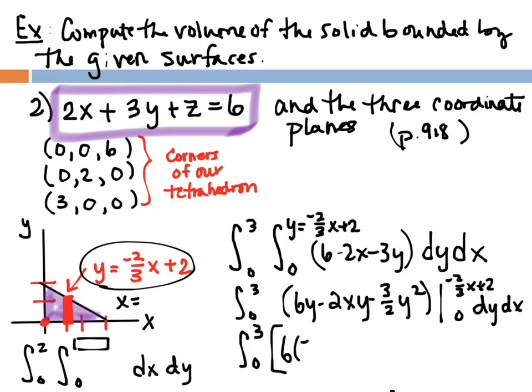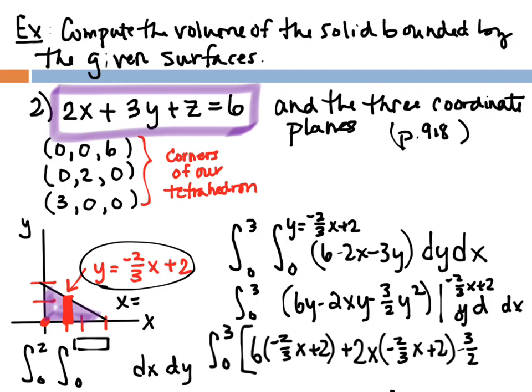So I'm going to have 6 times negative 2/3 x plus 2 plus 2x times negative 2/3 x plus 2 and negative 3/2 times, and this is the worst part of it, right? 2/3 x plus 2 squared. And pardon the fact that I've run out of space to now write dx. So we'll write below.